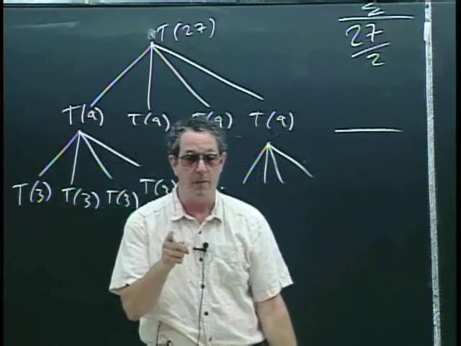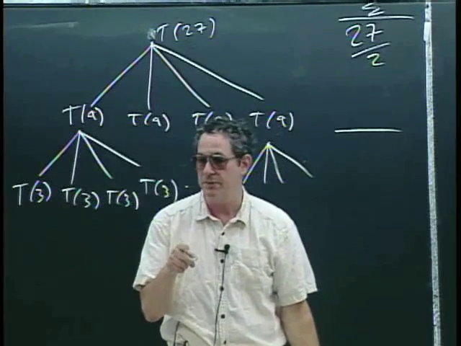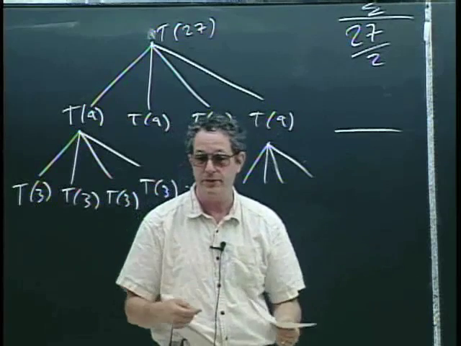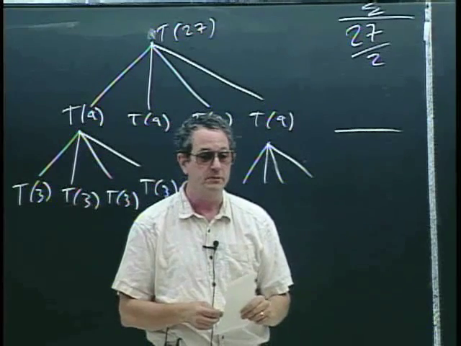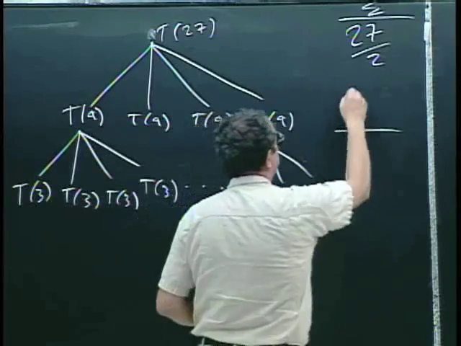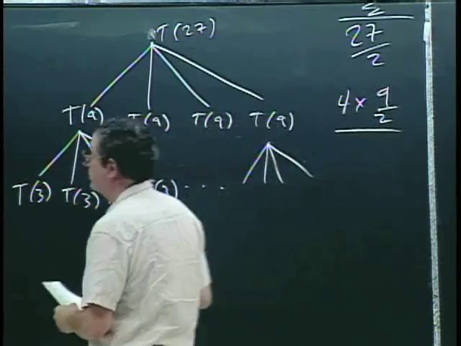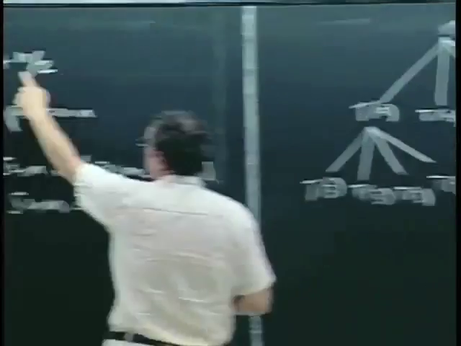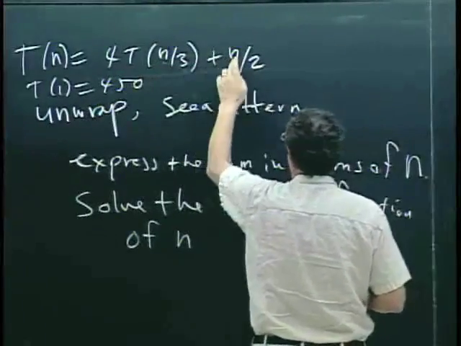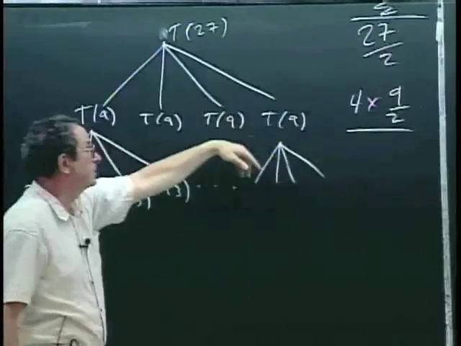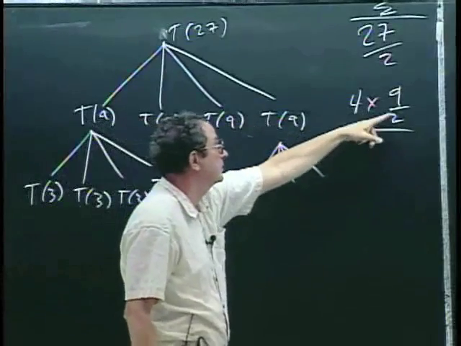Can you say it in a way that gets us a little closer to seeing the pattern? 4 times 9 over 2. Yeah. 4 times 9 over 2. The 9 over 2 comes from here. This is t of 9 is what we're looking at, 9 over 2, but there are actually 4 of them here. So from this level, what's being added to the sum is 4 times 9 over 2.